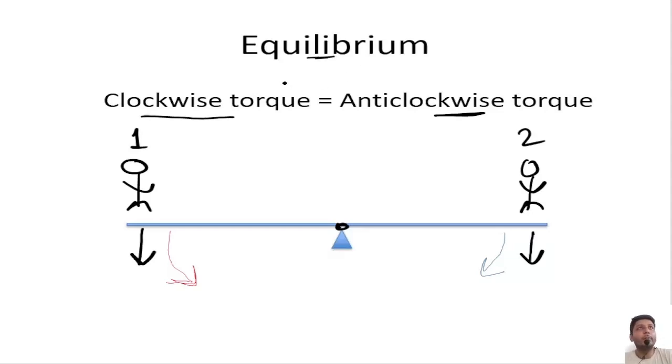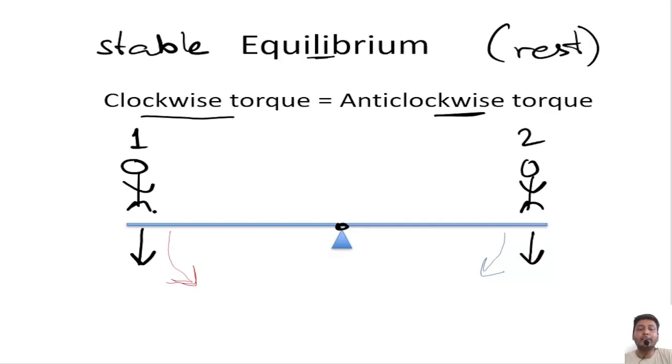Or if I want to be more specific, it is called stable equilibrium. Stable equilibrium means the whole system which is given here is at rest. They perfectly balance out each other, and they are at rest.